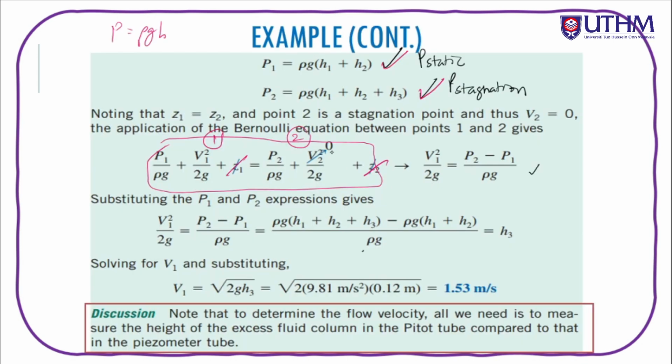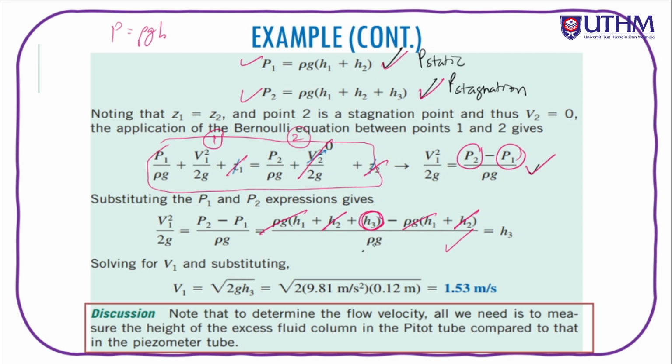So dalam ni pun kita cancel out this term. So kita end up, kita dapat this equation. Okay, so and then kita replace P2 dengan P1 ni dengan apa yang kita dapat kat sini. Kita akan dapat ni, in which benda ni semua akan cancel out, and then benda ni pun akan cancel out. So yang kita tinggal adalah ini sahaja.